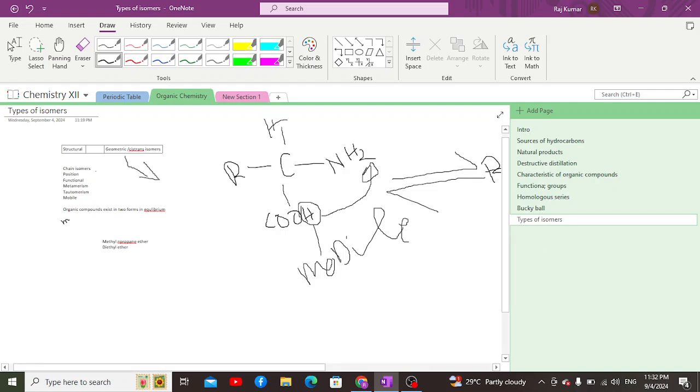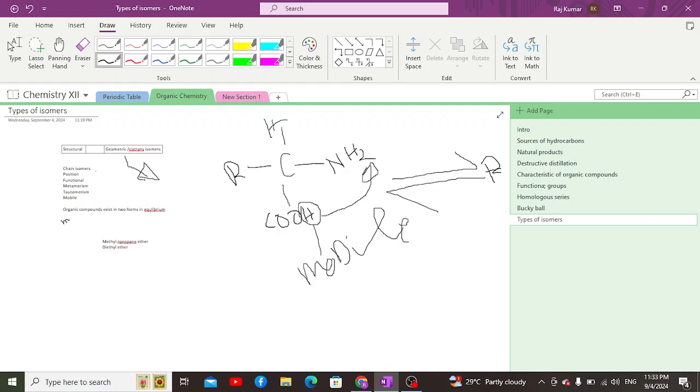Of course, this problem can be solved if we can provide a high amount of temperature. This geometric isomeric problem can be solved if we can exhibit rotational motion in double and triple bond compounds. Let's say we take butene, and if we provide it with a high amount of heat and energy, then it will break the double bond within it, due to which it would be able to exhibit rotational motion, and there would be no requirement of creating geometric isomers or cis and trans isomers.